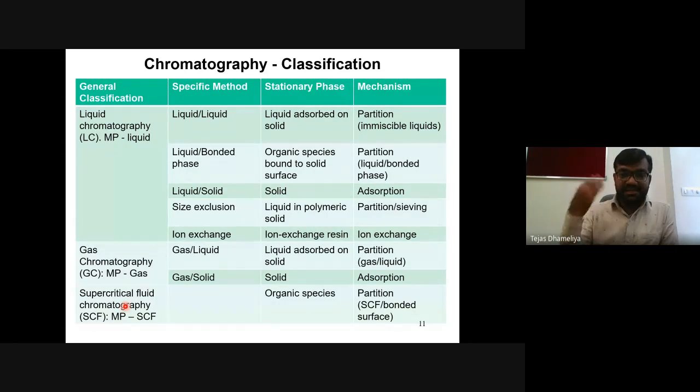The mobile phase can be gaseous, it can be liquid, and the third type is supercritical fluids, which is in between the gaseous and the liquid forms. So this kind of chromatographic technique is also used.